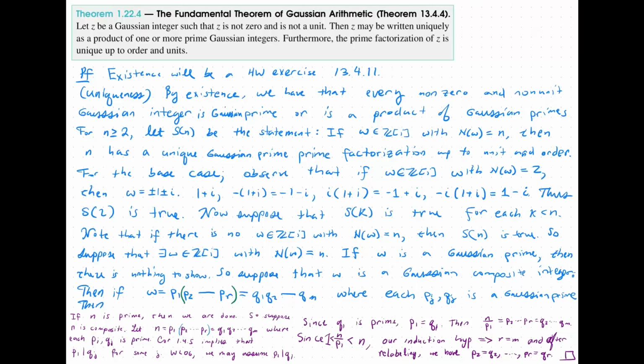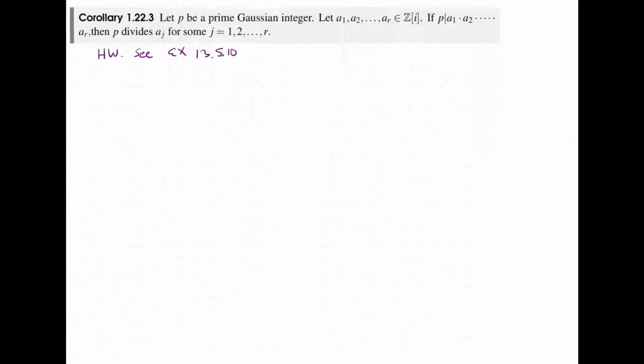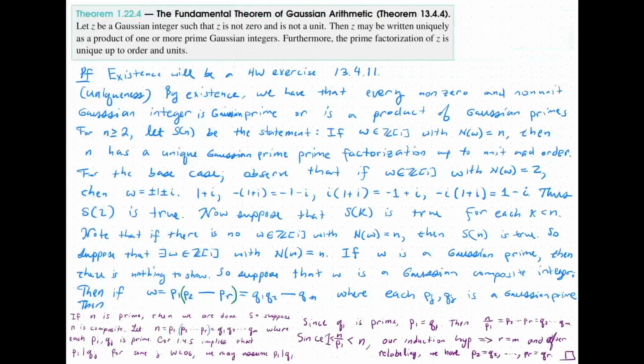And as a consequence, we have by the corollary that you'll be doing for homework, that if a Gaussian prime divides a product of Gaussian integers, then that prime has to divide one of those, in this case, one of those Q sub j's.